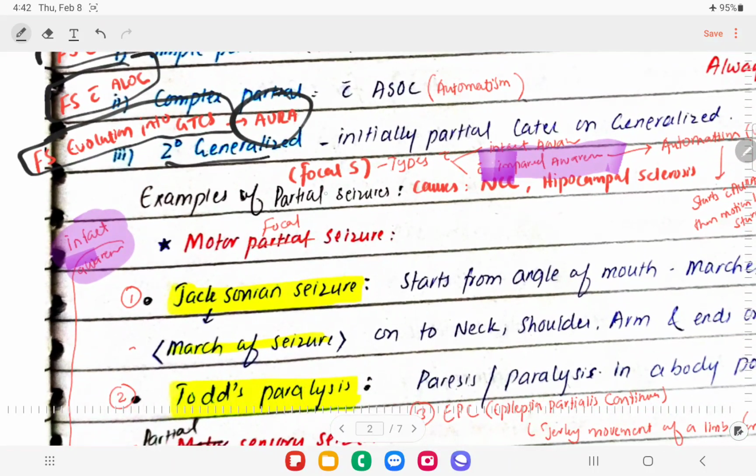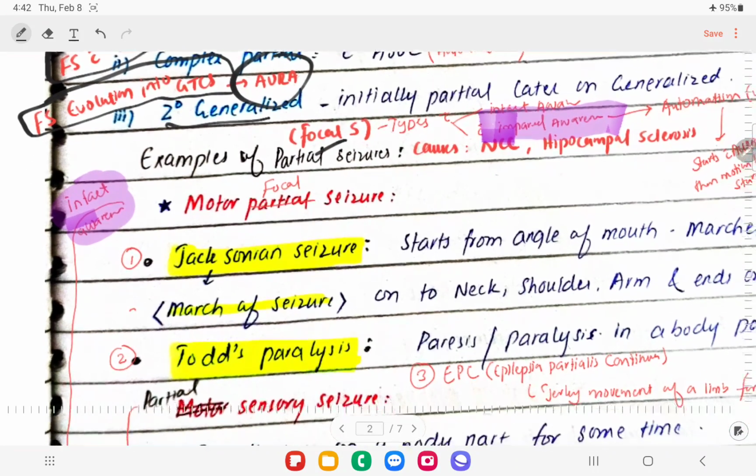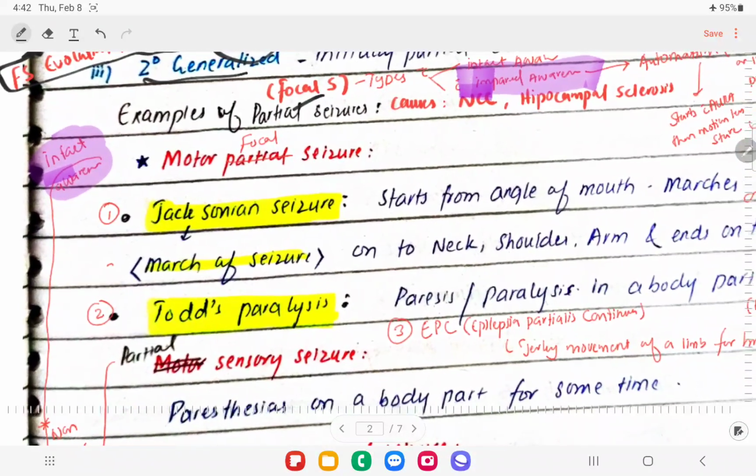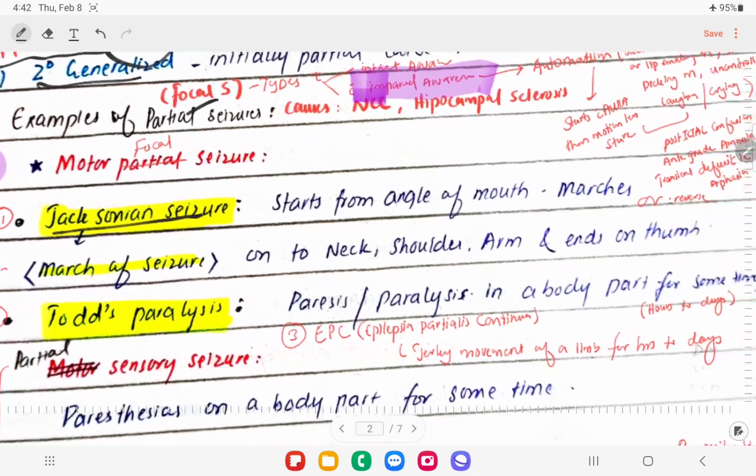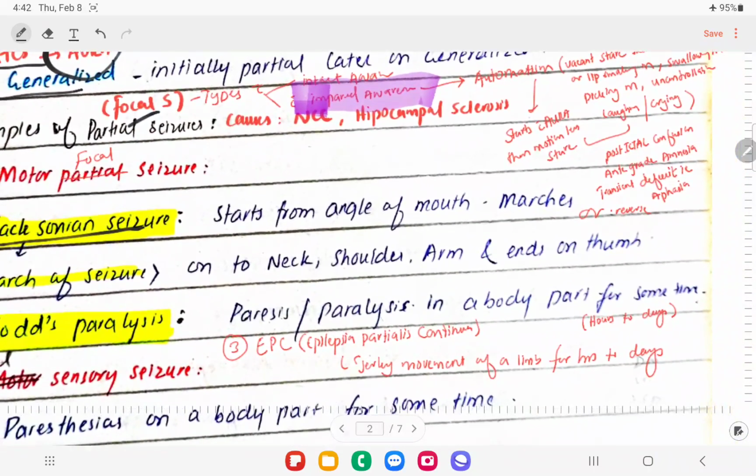So let's discuss these examples of focal seizures. So one is called the Jacksonian seizure, right? So it will start from proximal to distal end. It will start from the angle of mouth and march to the upper limb, or it can start from the upper limb and march to the face, right?